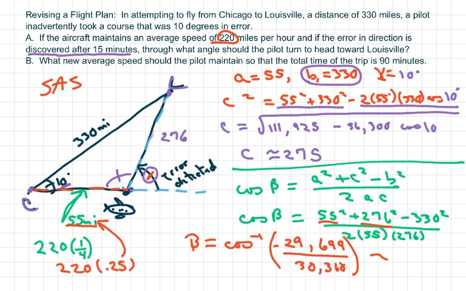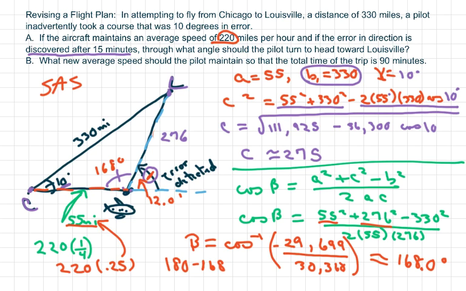So this angle here is approximately 168 degrees. Therefore, to get this angle here, you subtract 168 from 180, and that gives you 12 degrees. So this angle here is 12 degrees.